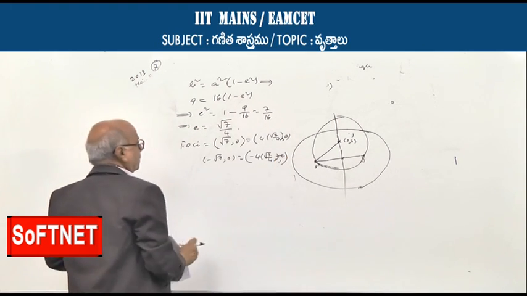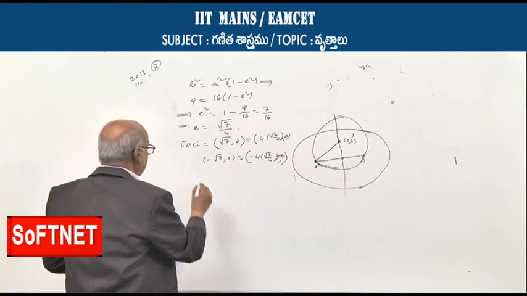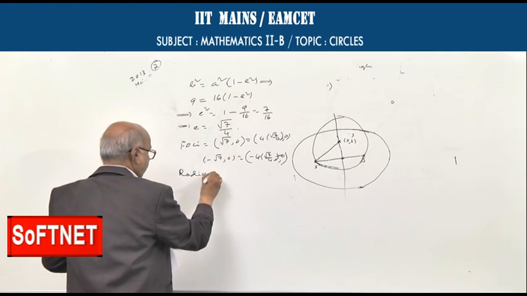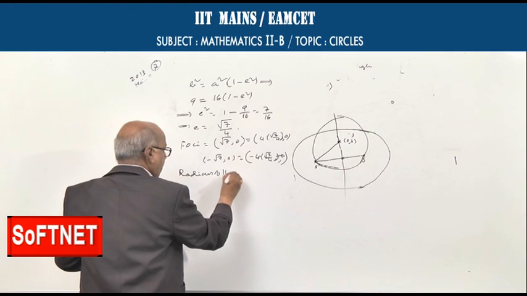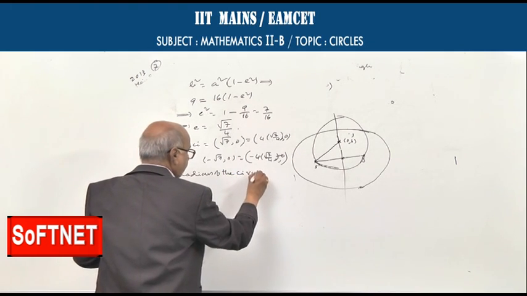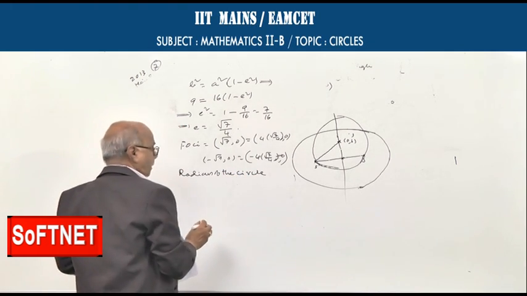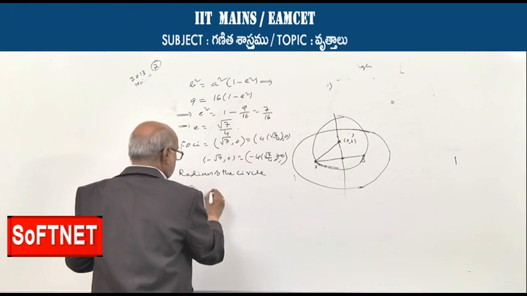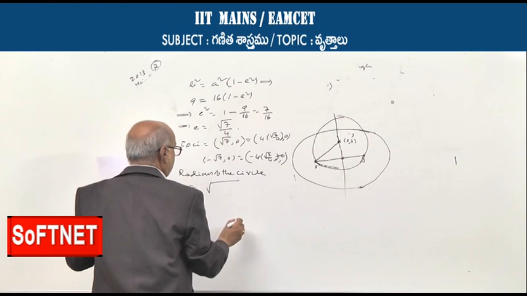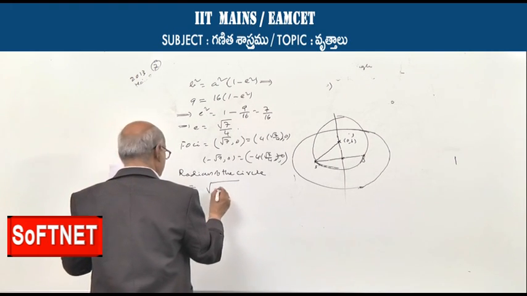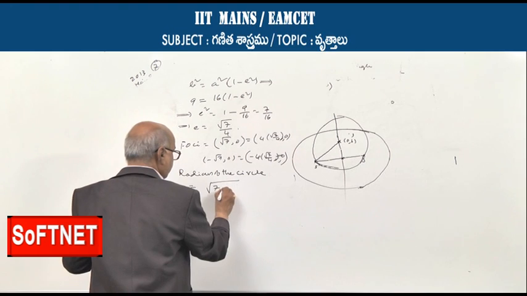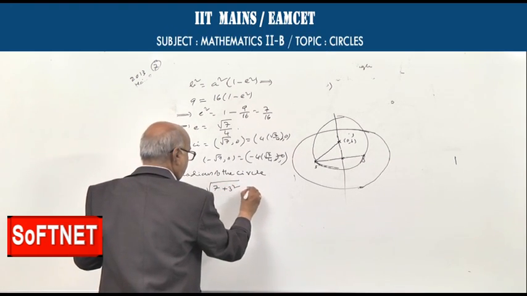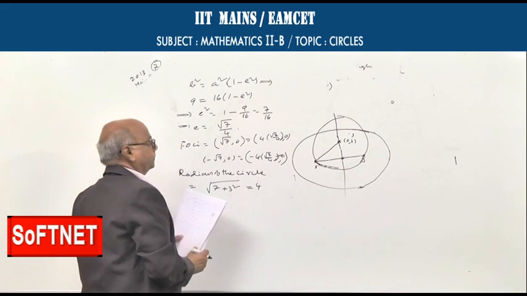Right? So, now the radius of the circle is equal to square root of 7 plus 3 square, which is equal to 4.